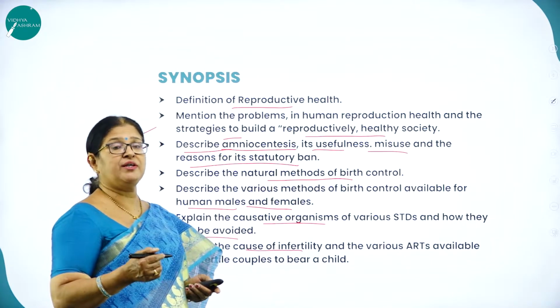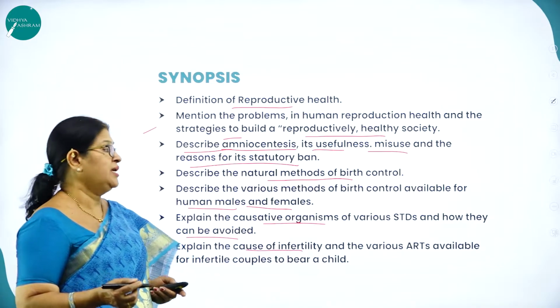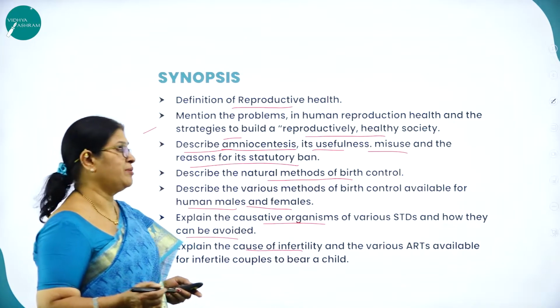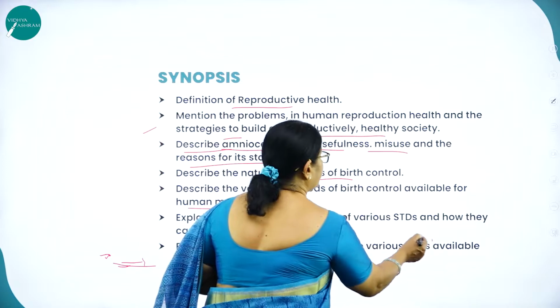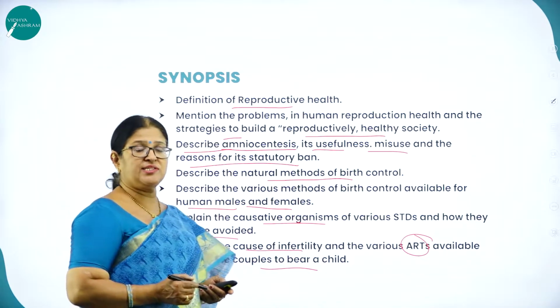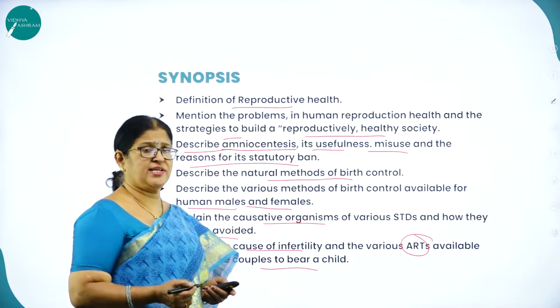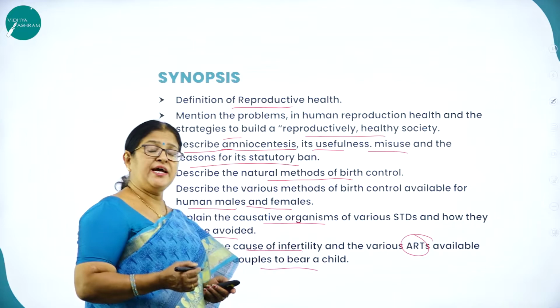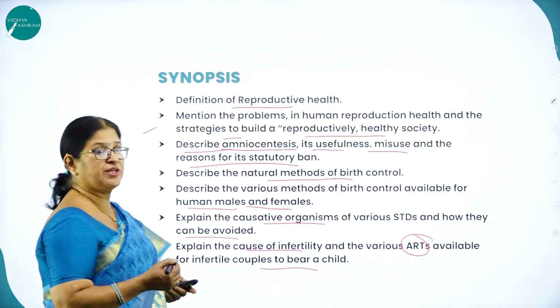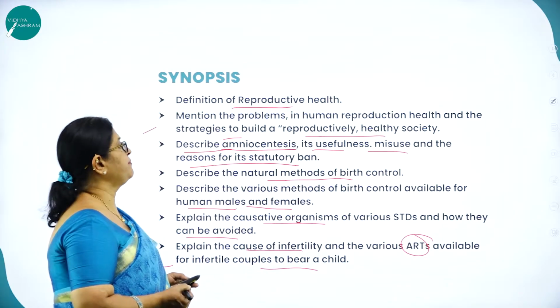At the time when a couple is not able to have a child, then definitely ARTs will come into the picture, and they are going to help infertile couples to bear a child. What are ARTs? Assisted reproductive technologies like GIFT, ZIFT, ICSI. All these are the ARTs which are going to come to the rescue of the childless couple and help them to bear a child.